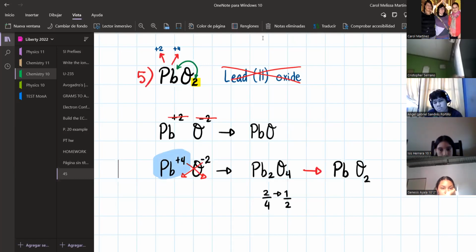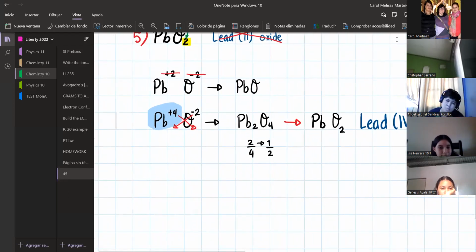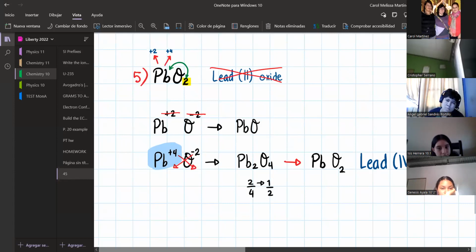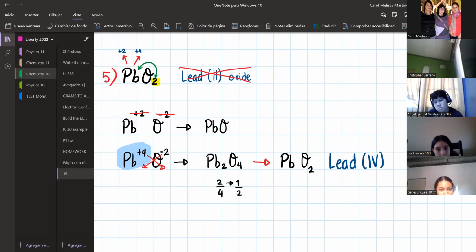So this is not lead 2 oxide, instead it is lead 4. 4 in Roman numerals is written like this, not the way I saw yesterday from someone whose name I won't mention. So lead 4 oxide.